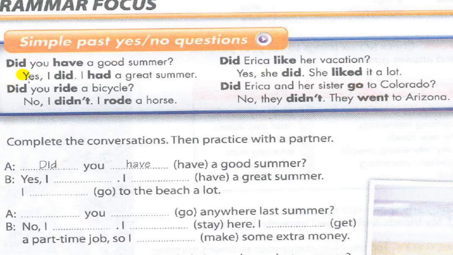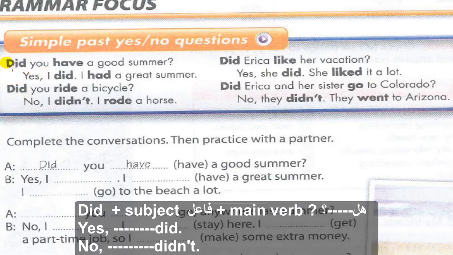So here, to ask a yes-no question, in the answer, yes or no. Did, subject: did you, did she, did they, did he, did we, did I. Did, subject, main verb infinitive. Did you have?